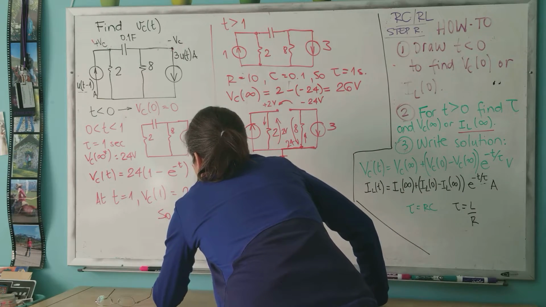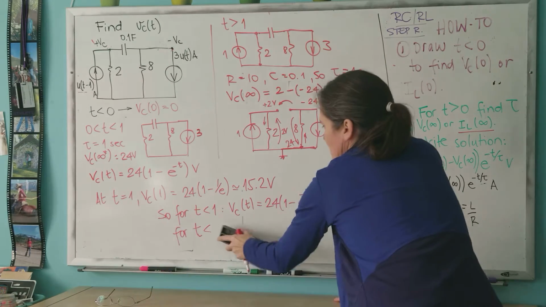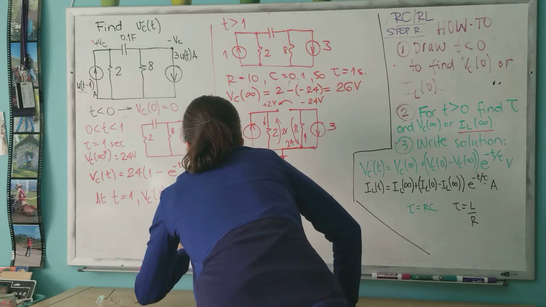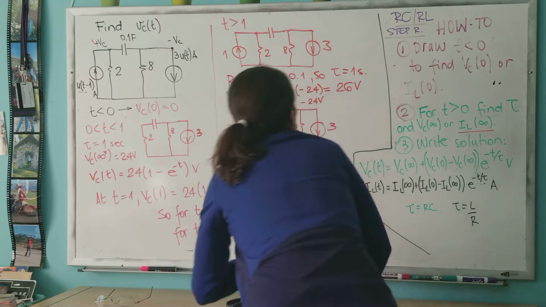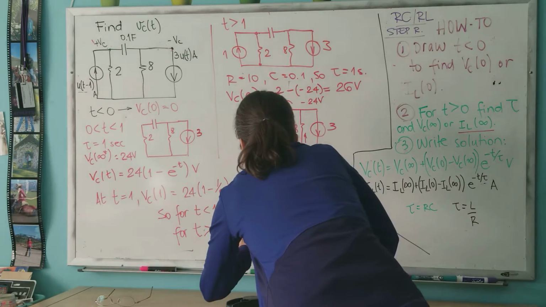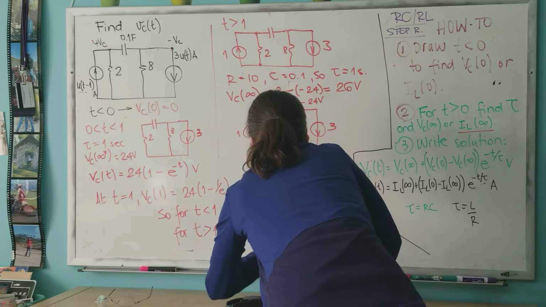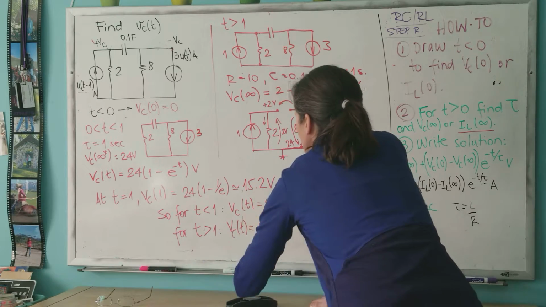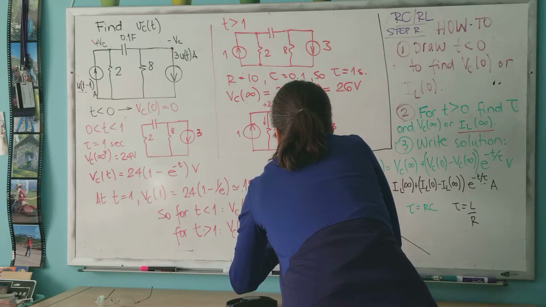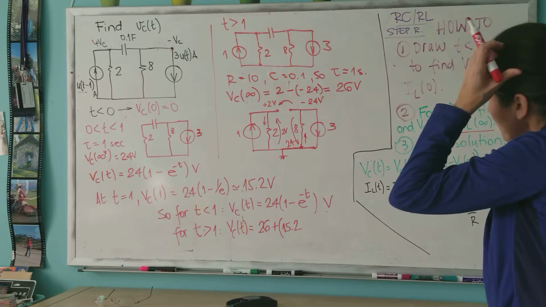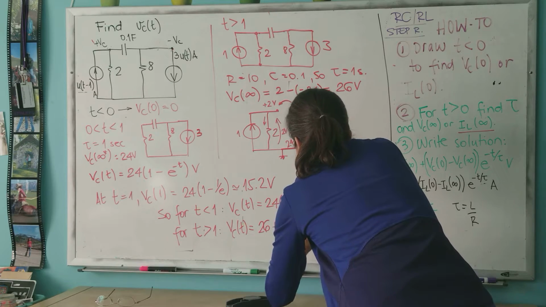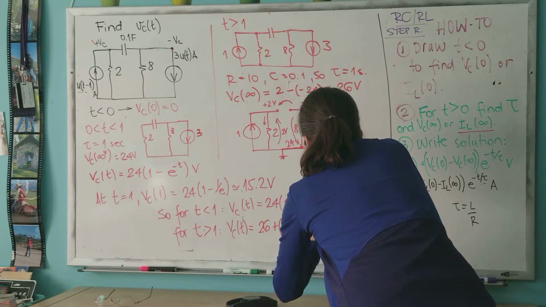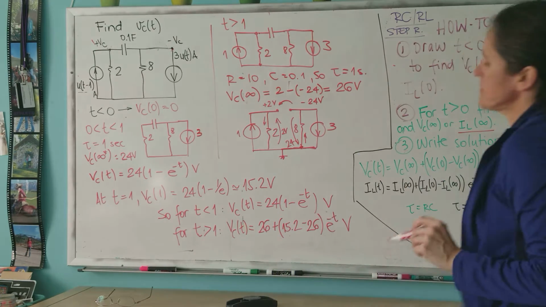For t larger than 1, Vc of t will be 26 plus what was at 0, which was 15.2, the 0 here, sorry. What voltage across capacitor was at t equals 1? Minus 26 e to the minus t volts.